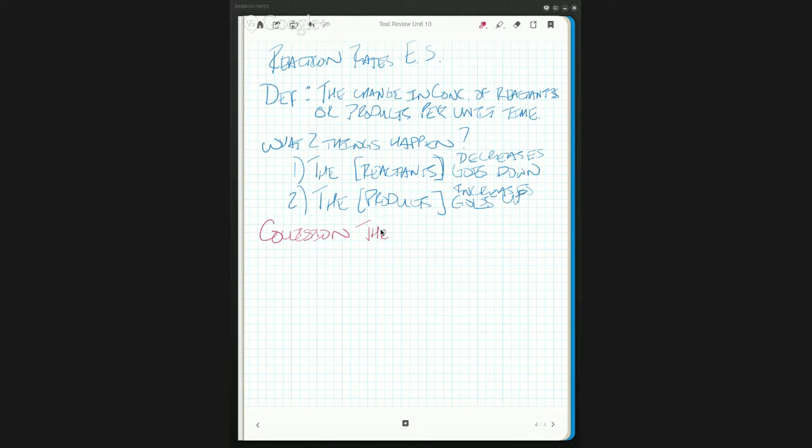So collision theory. And really, it goes back to the video of how to speed up a reaction and how to get a date. You want molecules to collide. So you're looking for the best way to get molecules to collide.